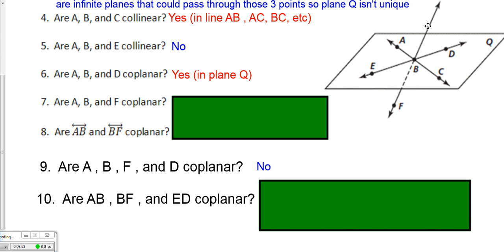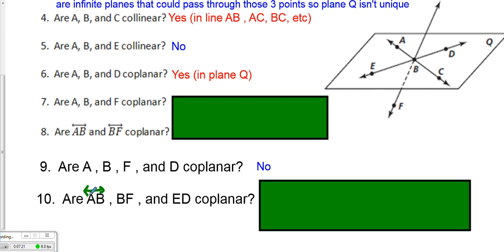A, B, and D are in the same plane up here, but F is way below it. So it's not in the same plane, the same flat surface that these ones are. So these 4 together are not coplanar. Again, these could or should have the little line thing above them. You can put that there if you want.